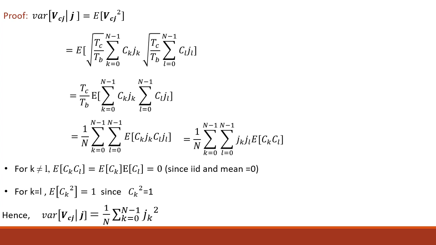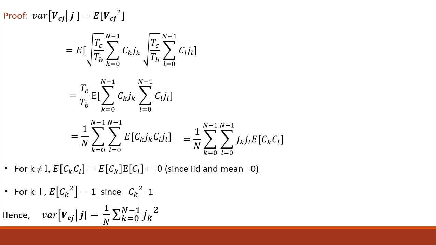Now we group together the summation terms and we take the expectation inside. So the expression now becomes 1 by capital N summation k going from 0 to n minus 1 summation L going from 0 to n minus 1 expected value of Ck jk Cl jl.